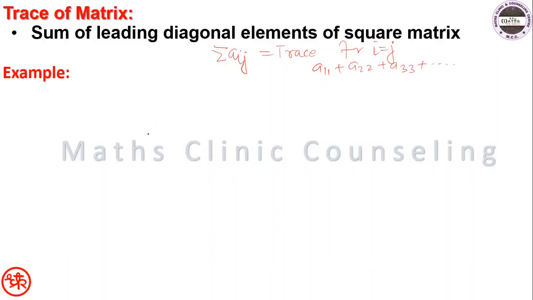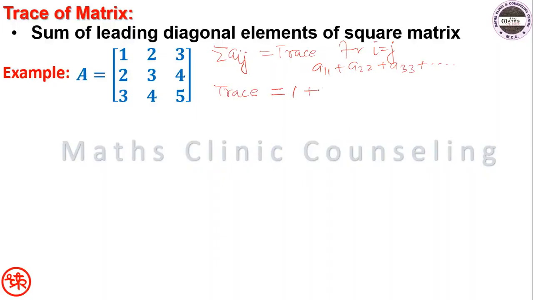So let us see one example. This. So what is the trace here? Trace, leading diagonal: 1 plus 3 plus 5. Sorry, 5. 1 plus 3 plus 5 is equal to how much? 9.